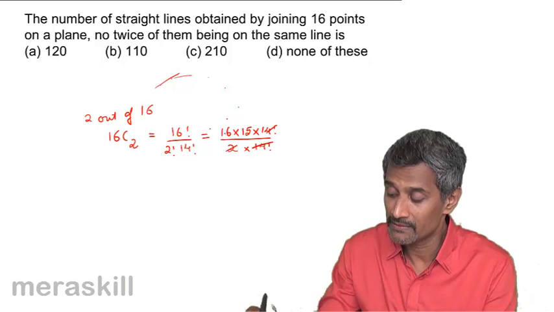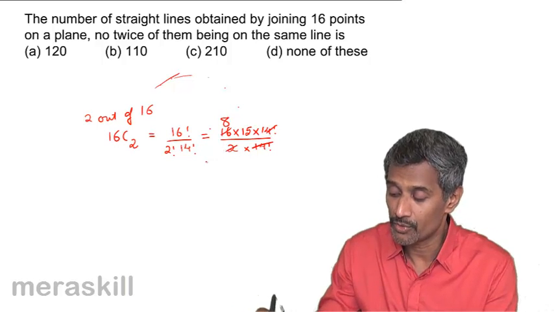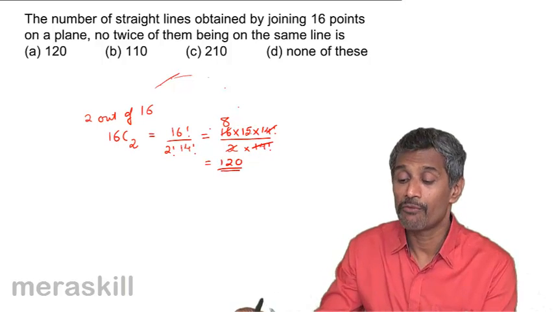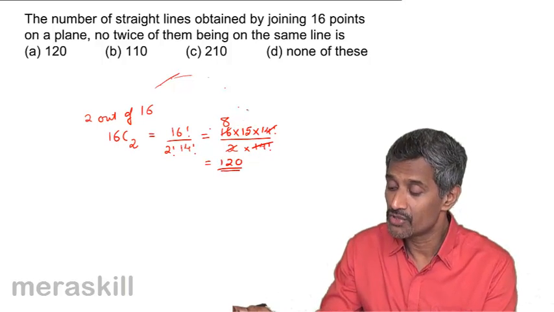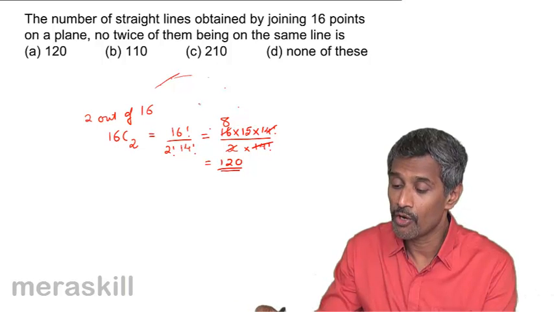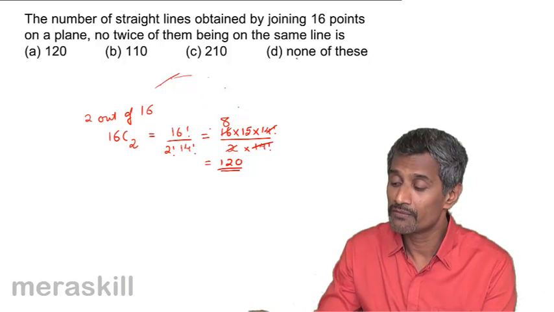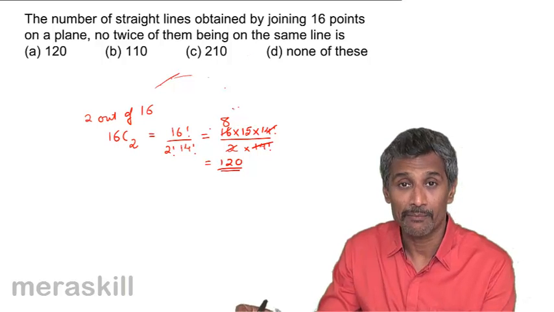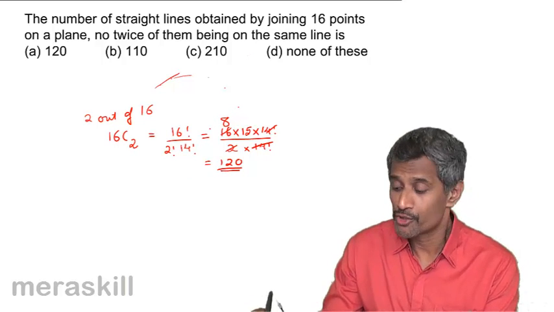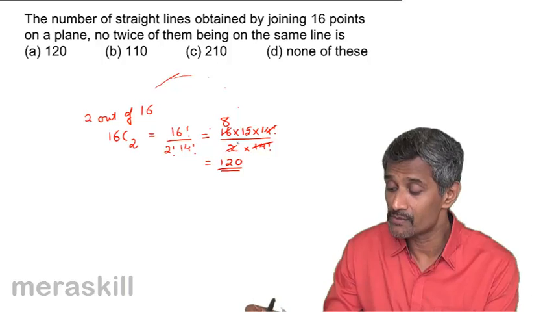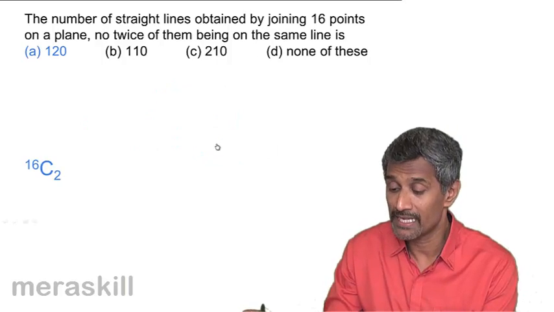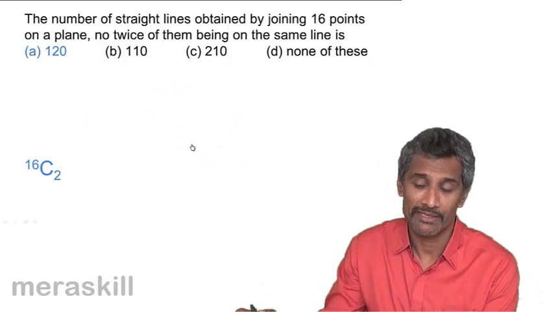This gets cancelled and you have 15 into 8, which is 120. So we have 120 straight lines that can be formed so that no 2 of them are on the same line. Let's check whether it is tallying, and yes, we do have it as 120.